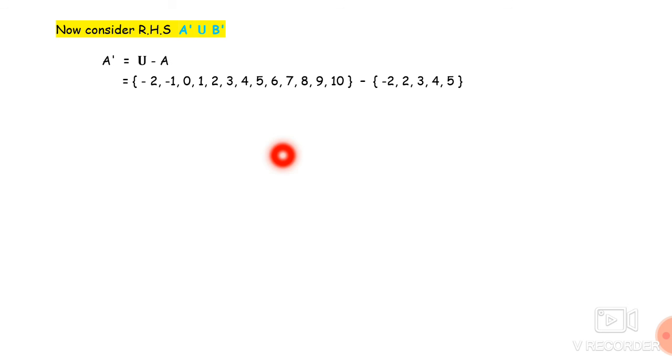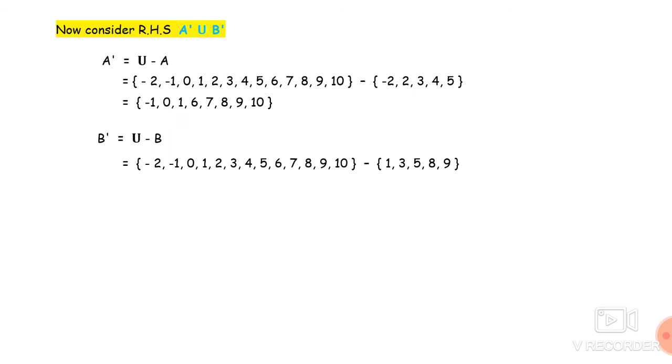Now taking the right hand side, A complement union B complement. Find A complement first, which is equal to the universal set minus set A. Write the universal set first, minus then set A. Same elements will be cancelled out and we will have only -1, 0, 1, 6, 7, 8, 9 and 10. To find B complement, we will follow the same steps. B complement is -2, -1, 0, 2, 4, 6, 7 and 10.